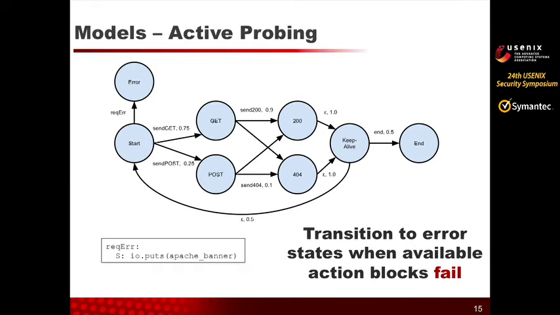I have an example here of this request error, where we just output an Apache banner if we get an unexpected message coming in. But you can easily imagine that, using the hierarchical composition I just showed you, instead of outputting a single string, you run a different model whose entire purpose is to fool active probing.